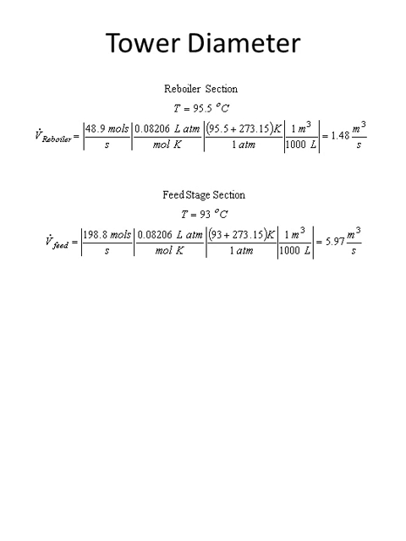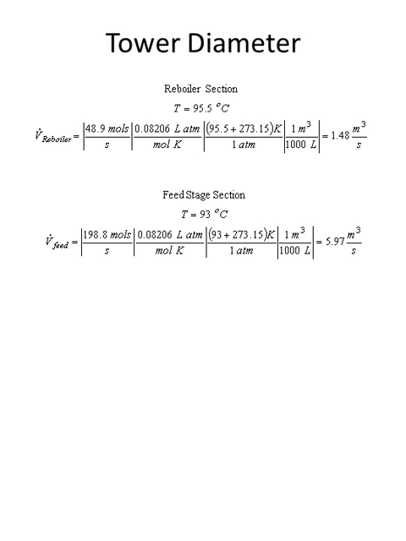Now we wish to determine the tower diameter. And to do this, we need to find out what the volumetric flow rate is in each section of the tower. With the reboiler section, the temperature is 95.5 degrees C, and we know what the vapor flow rate is based on the lower operating curve parameter R sub B of 48.9 moles per second.